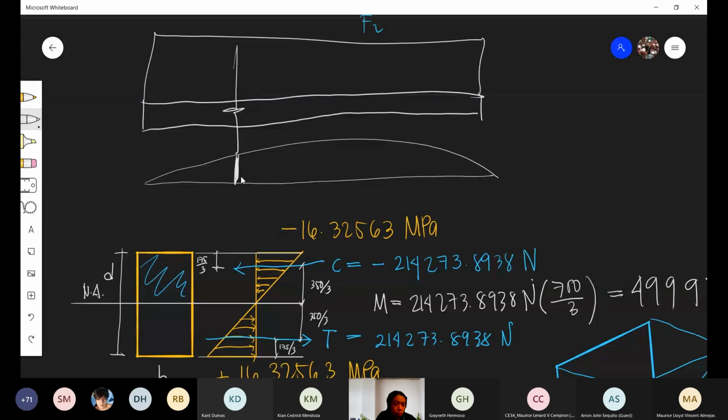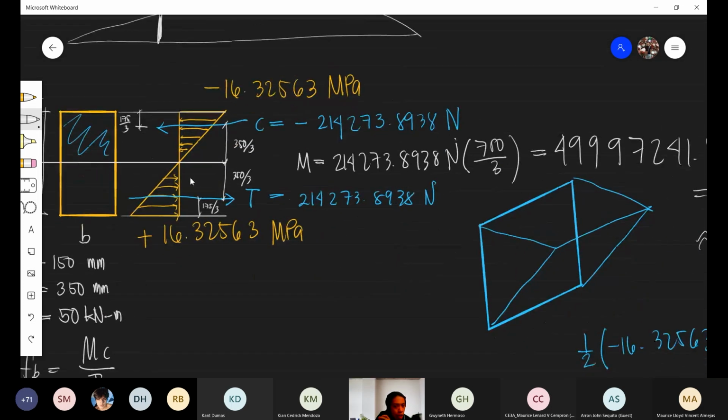Now, because of that moment, ito nga section nakaka-experience in moment nga 50 kilonewton meter. Your section or your structure have to be on state of equilibrium. And for it to be in state of equilibrium, the Newton's third law of motion should be satisfied. And it says that for every action, there's always equal and opposite reaction. That's why ito nga applied moment or the induced moment will be countered with the effect of the fiber.